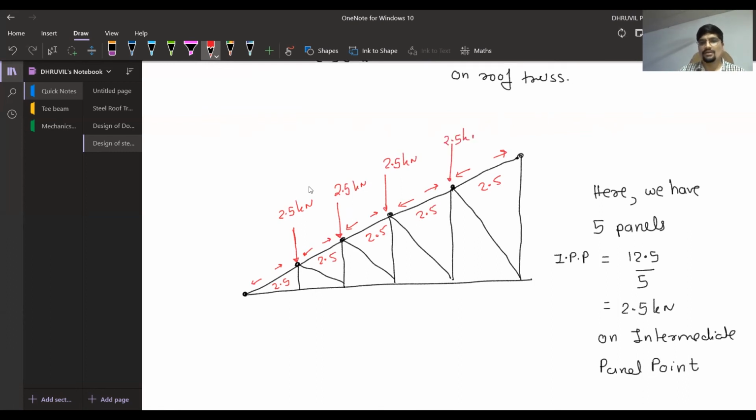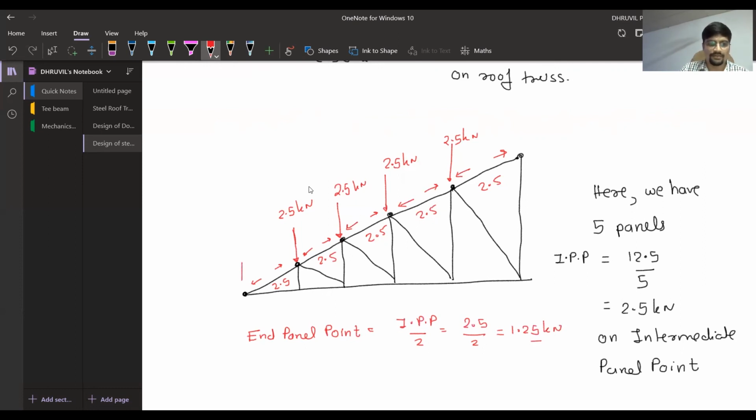The first and last are the end panel points, where end panel point is equal to IPP divided by 2, which is 2.5 divided by 2. This is 1.25 kilonewton.